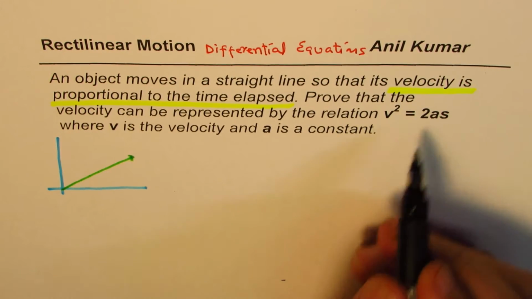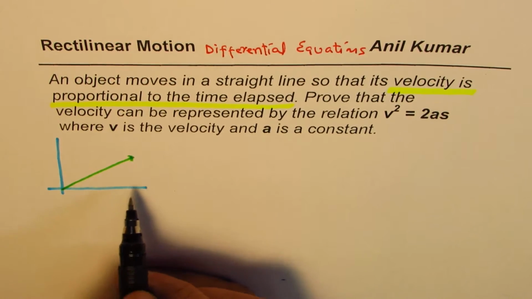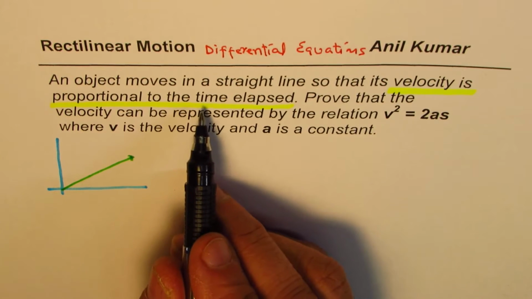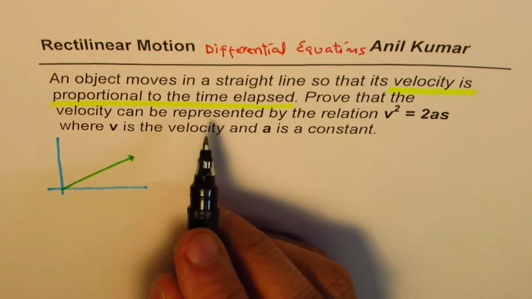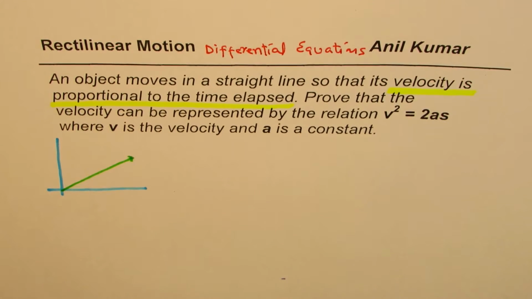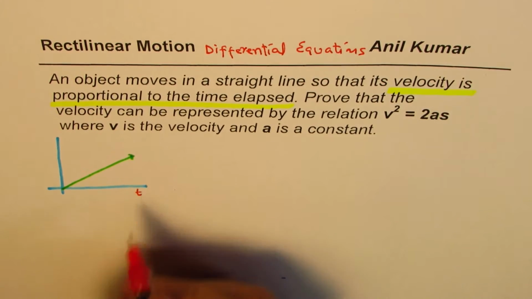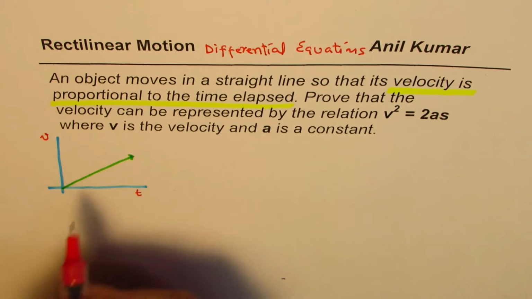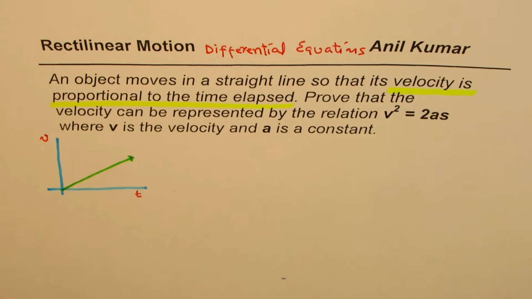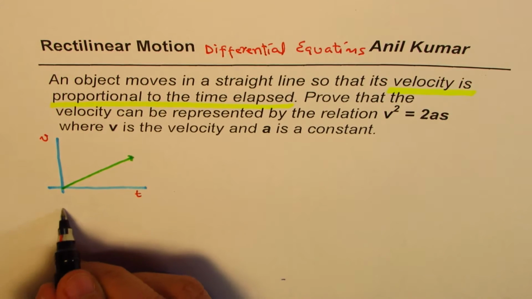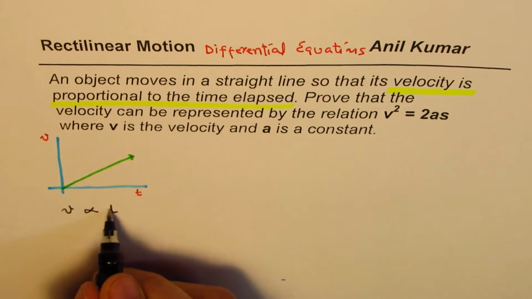Well, since that is a result which we are going to derive, the word directly is not being used here, but it is kind of assumed. So what we have here is the independent axis represents time, the dependent is velocity, and the straight line represents that velocity is proportional to time.